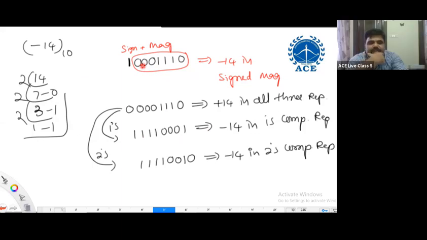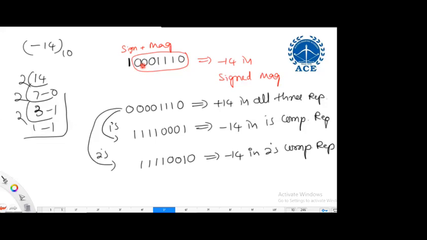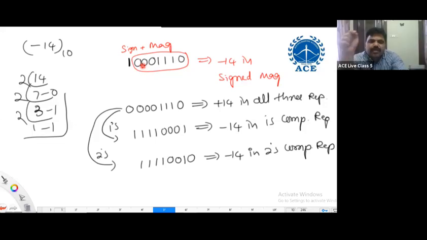The question is minus 14 using 8 bits. It is sign plus magnitude. In sign plus magnitude, the MSB is sign and the remaining n minus 1 bits are for magnitude. When I'm using 8 bits, the MSB is for sign and the remaining 7 bits for magnitude.